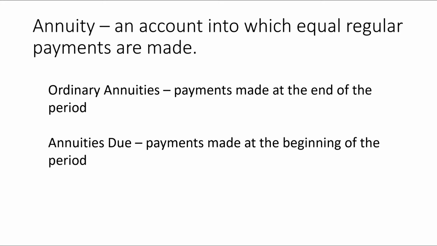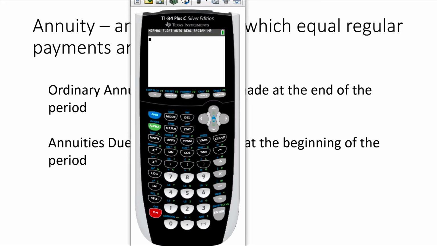The second type, the annuity due, we won't have as many of those, but on the TVM solver on the calculator, let's go ahead and pull that up. If we go to Apps, Finance, and then TVM solver, down at the very bottom, there is a payment field that says end or begin. We're always going to assume it's end unless specified otherwise.